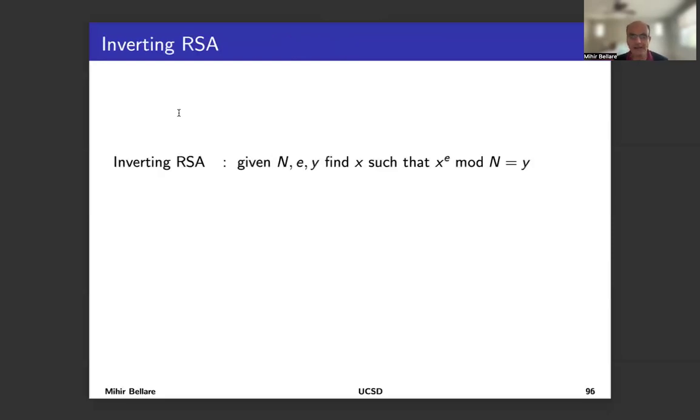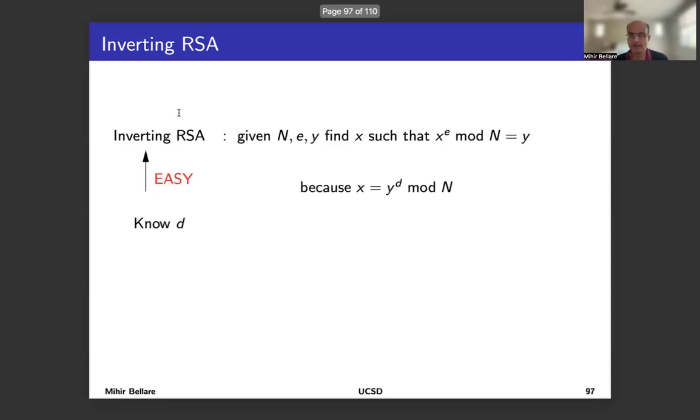We can now go back to the question of saying, suppose you're an adversary and you're just playing this game. Can you win? Can you find an approach that would let you win? Well, what that means is you will get this n, e, and y as input, and you're trying to find the hidden x, the x that raised to the e power mod n gives you y. Is there something you can do to approach this? How might you start?